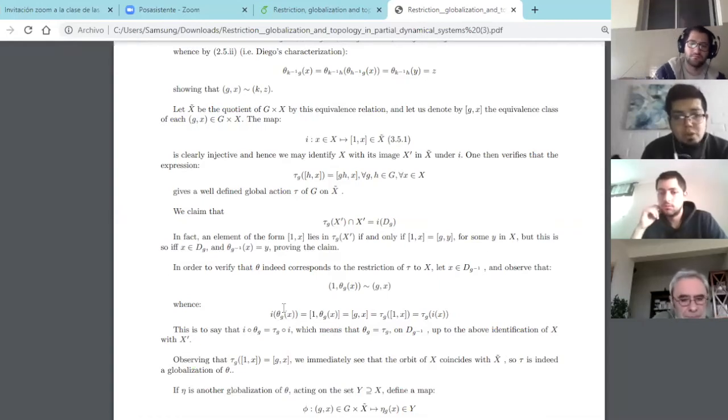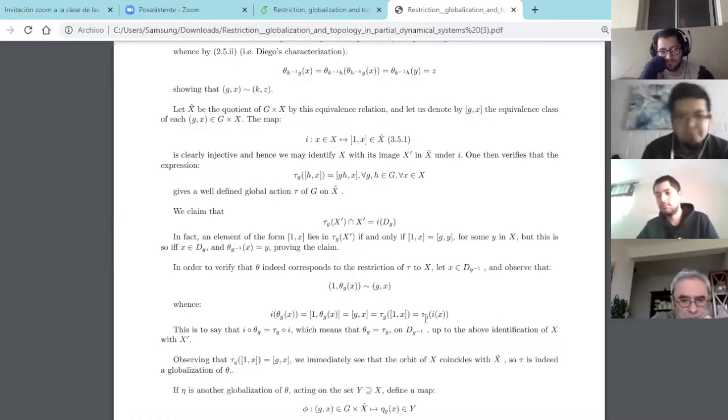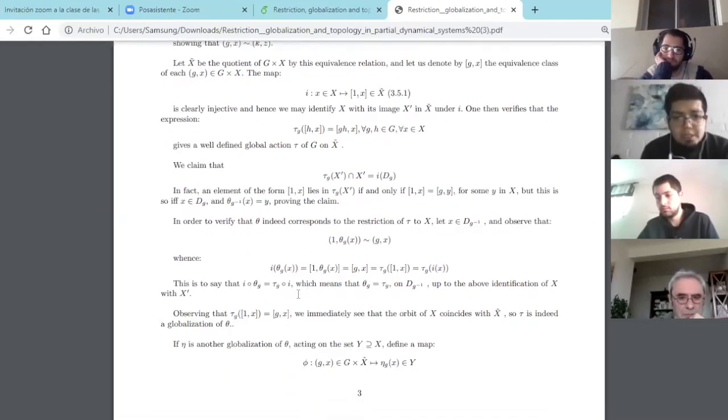So the inclusion of this object will be this pair, and as they are related, it will be the same equivalence class, and it will be the action of tau on here, which is tau composed with the inclusion. So we have the equality of compositions, which basically tells us that theta behaves in the same way as tau whenever they can, and in the corresponding spaces.